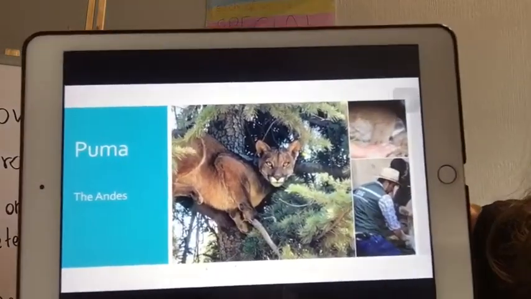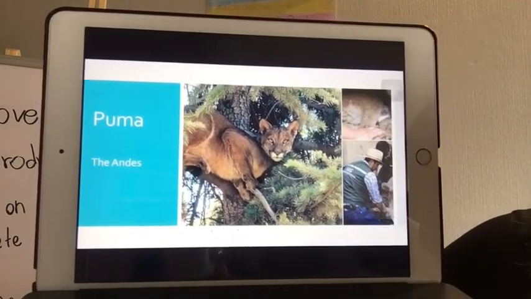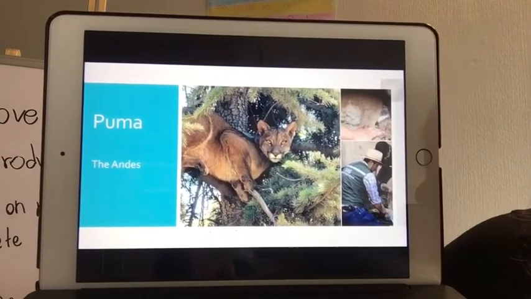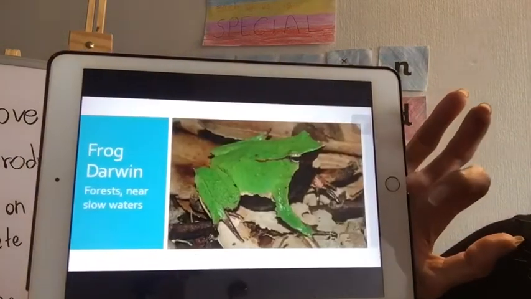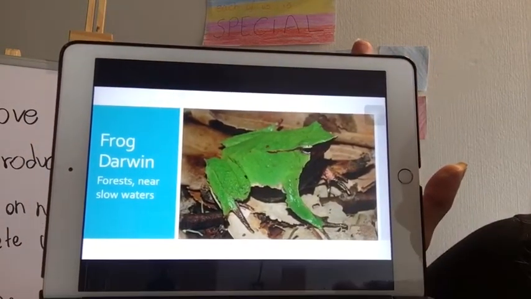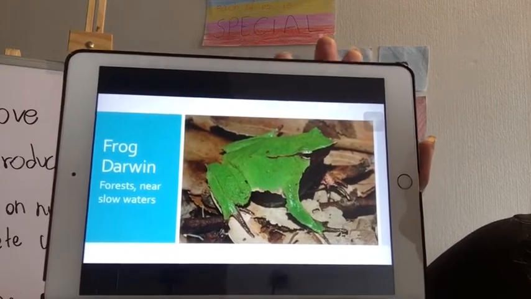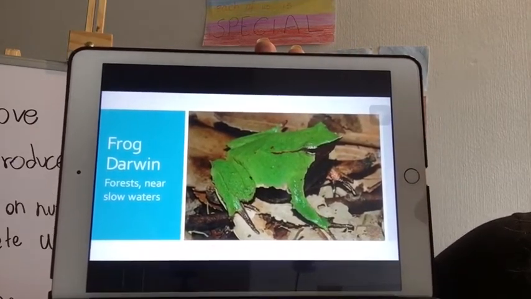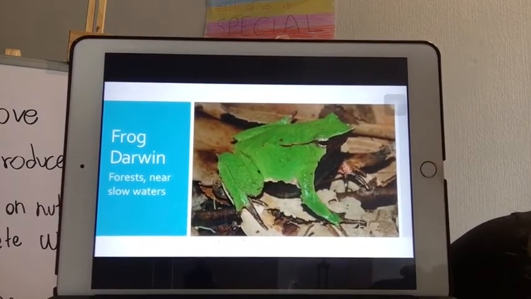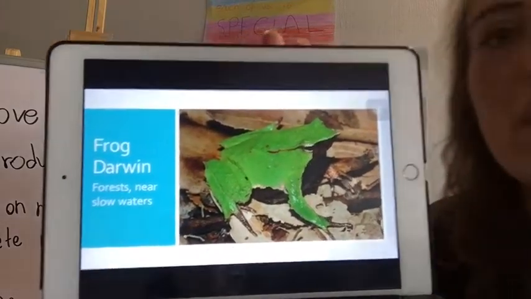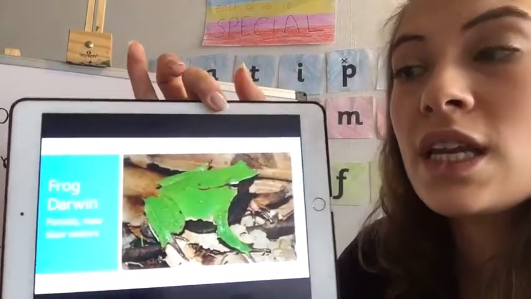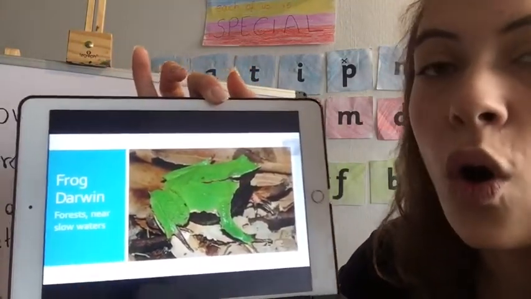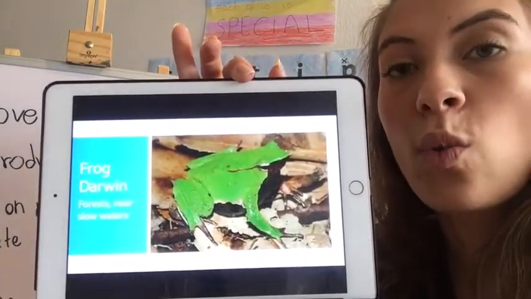Puma. Have you seen a puma before? And they live in the Andes. And the frog Darwin, they live in the forest and near to slow waters. Why do you think these frogs live near to the slow waters?